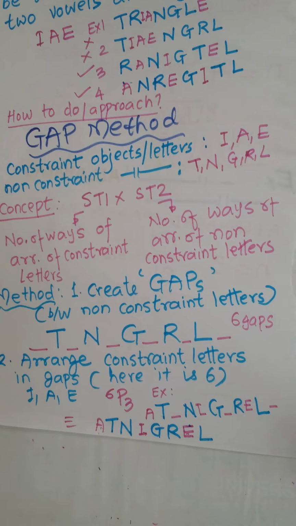So what is the third step? Now we will arrange the non-constraint letters. T and G R L, these positions are now fixed for these non-constraint elements, so they can be arranged in how many ways? 5 positions and 5 letters. So yes, they can be arranged in 5 factorial ways.